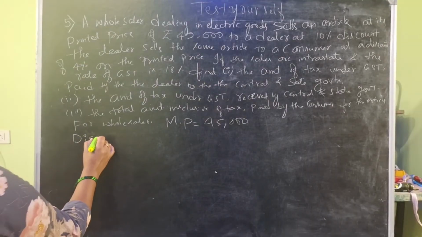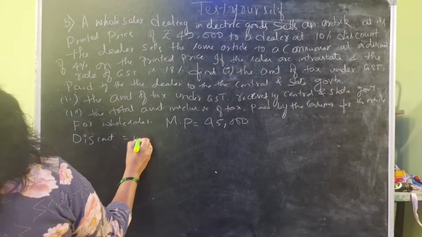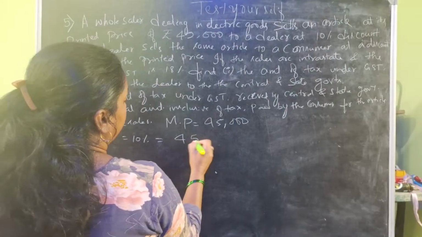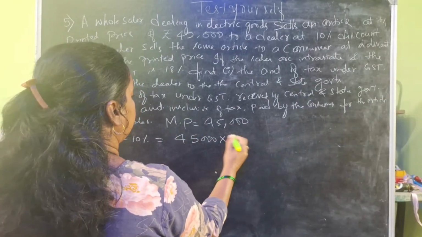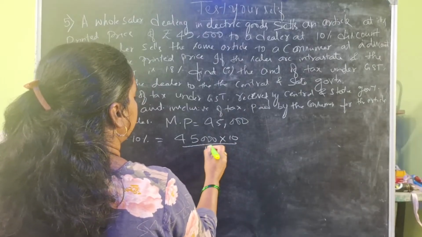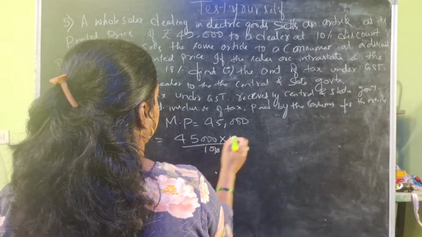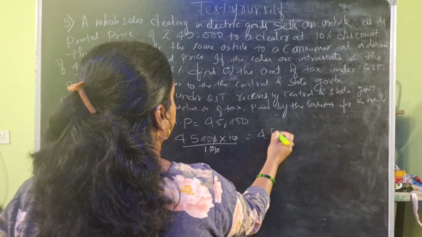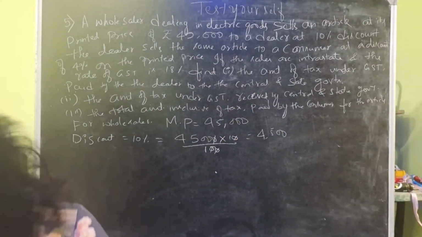And discount is equal to 10%, which is equal to 45,000 into 10 divided by 100, which is equal to 4,500 is the discount amount.